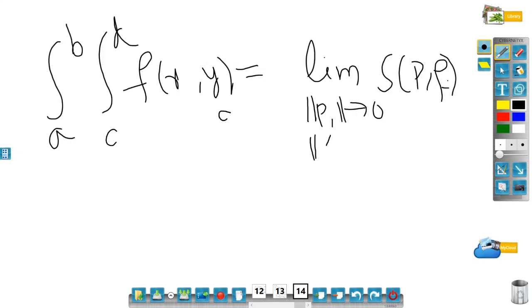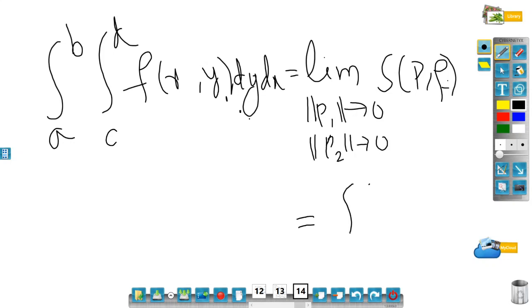So it should be dy dx, and now this is basically the double integral over Q of f of x comma y dA, by the definition of double integration. So we have proved that the second and first are the same.